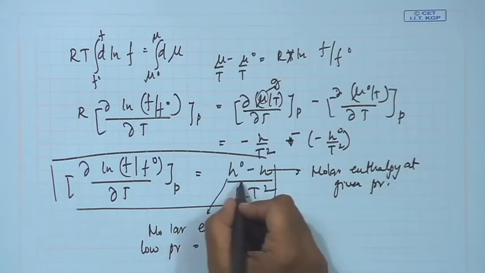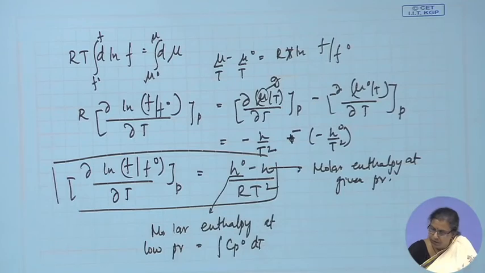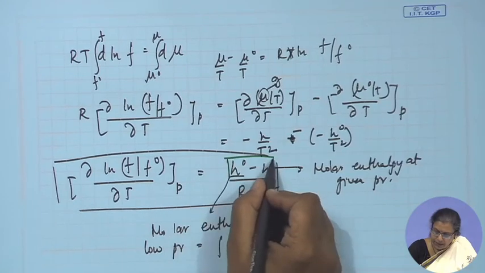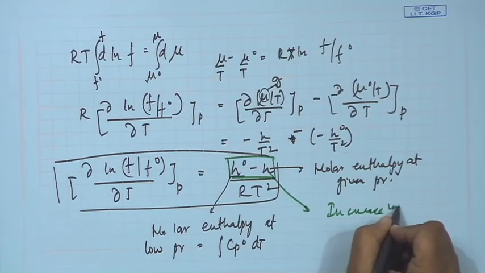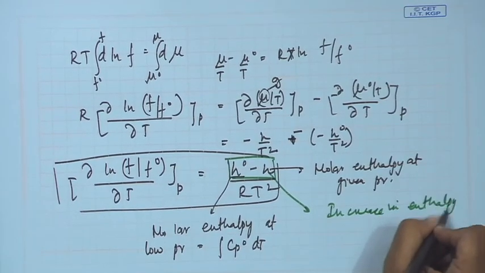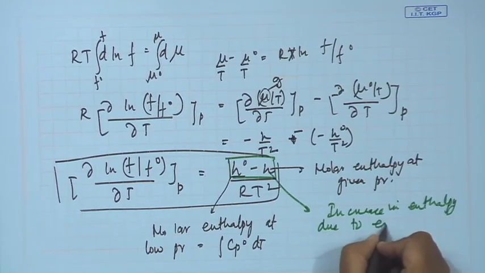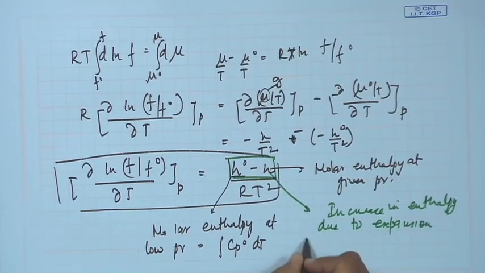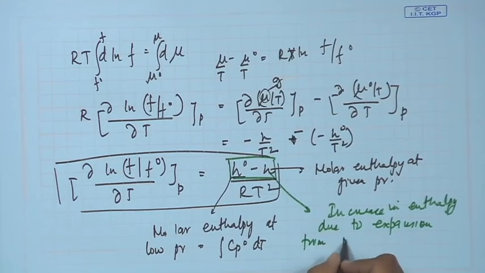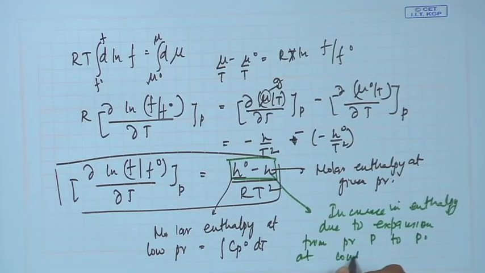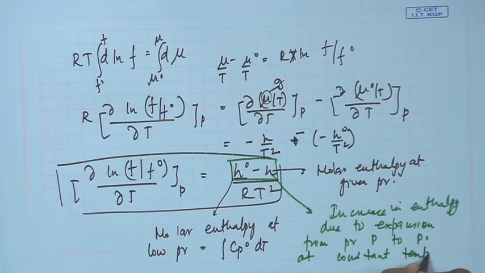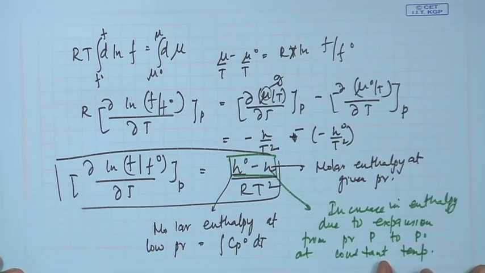And therefore this term H 0 minus H is nothing but the increase in enthalpy due to expansion from pressure P to P 0 at constant temperature.